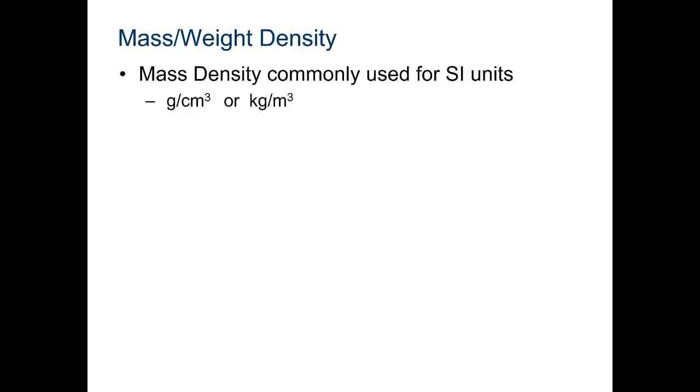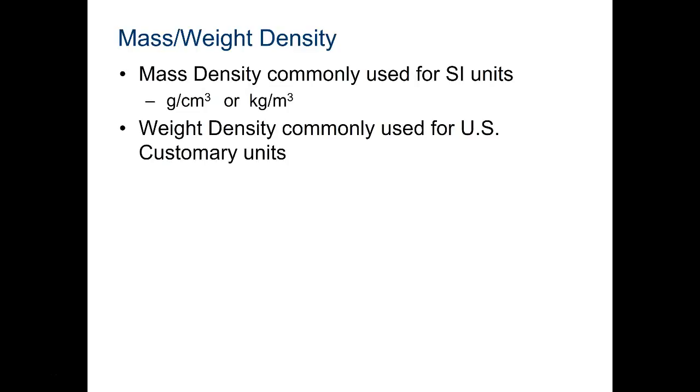A cubic meter is 100 centimeters height times length times depth, and it's a very large volume. When you look at U.S. customary, pounds per cubic inch, or pounds per cubic foot. Those are the ones we'll be using.